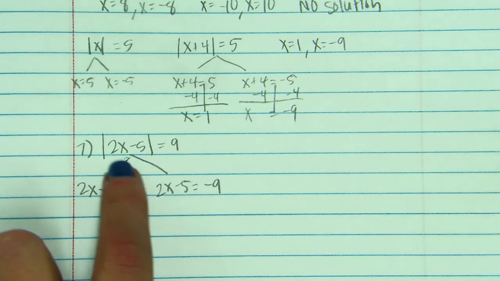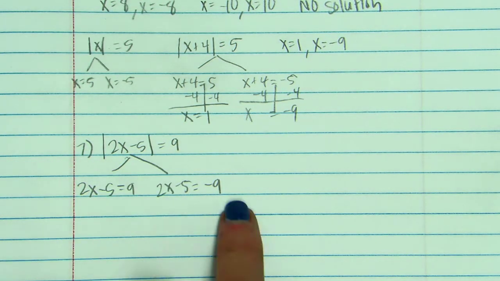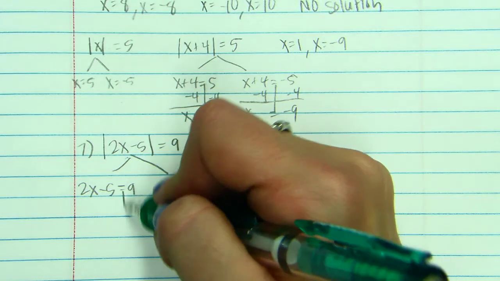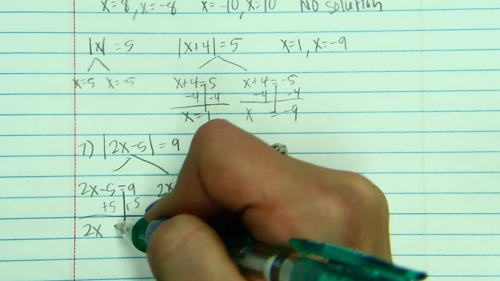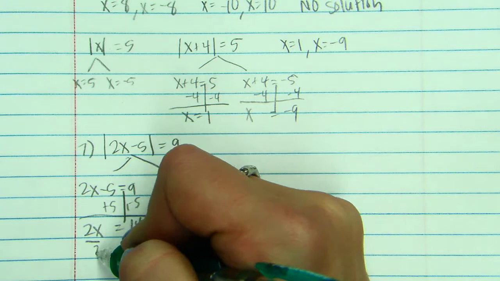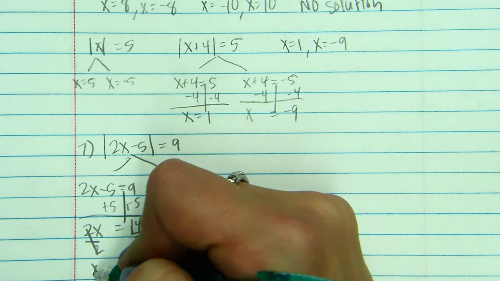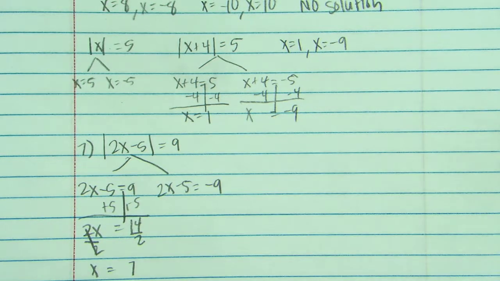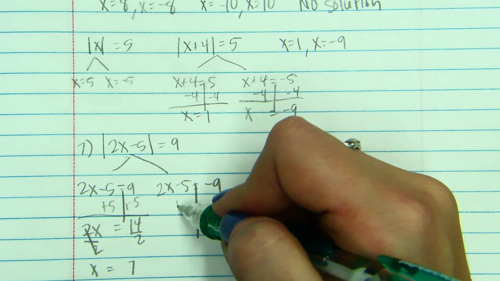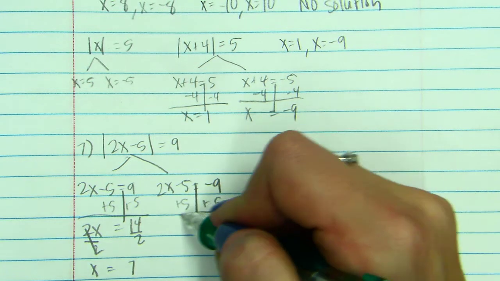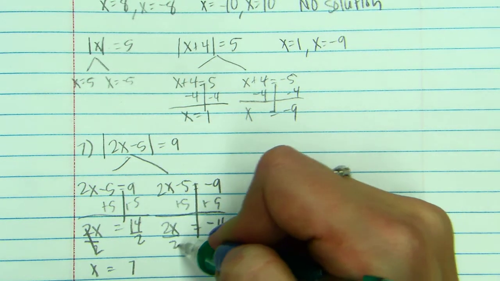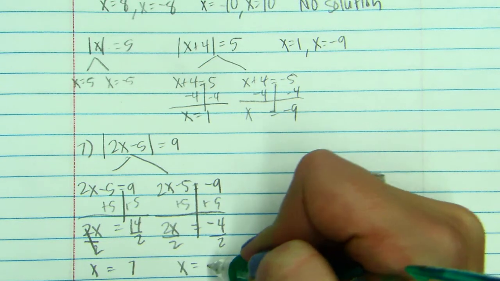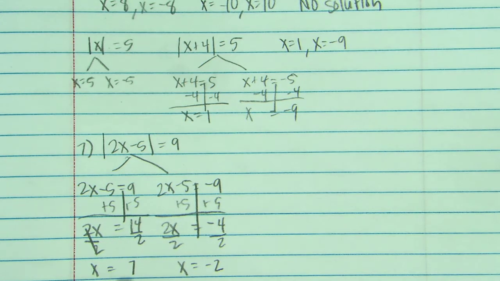So everything inside here either equals 9 or it equals -9, so I have these two equations to solve. Add 5, so I have 2x equals 14, divide by 2, so x equals 7. On this side, I would add 5 to both sides, so I have 2x equals -4, divide by 2, so x equals -2. So my two solutions are x equals 7 or x equals -2.